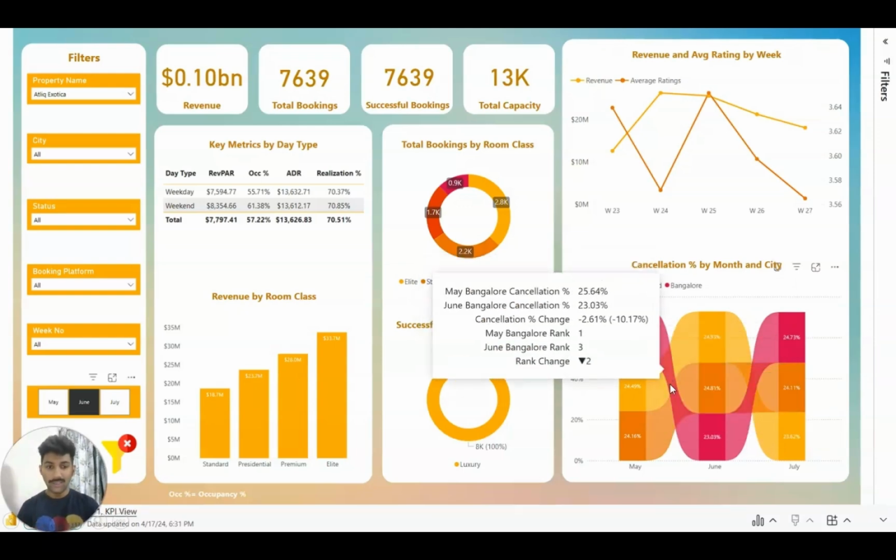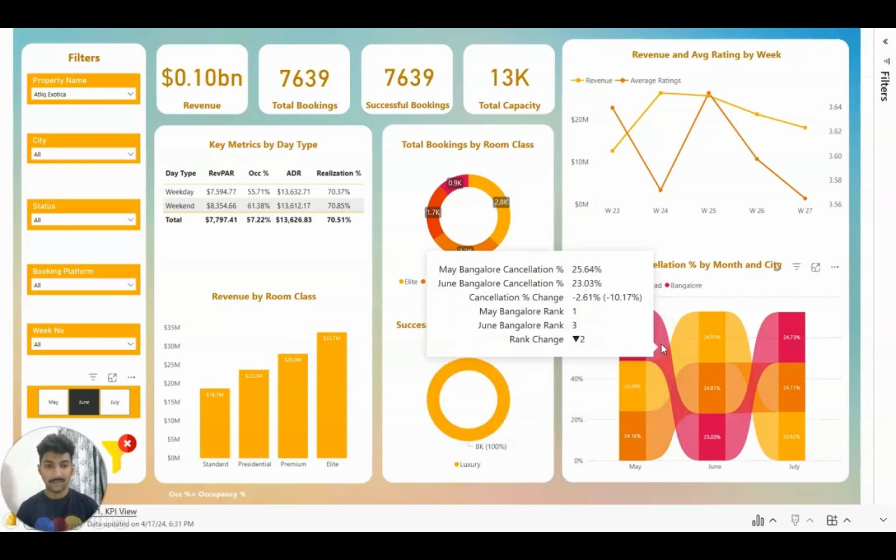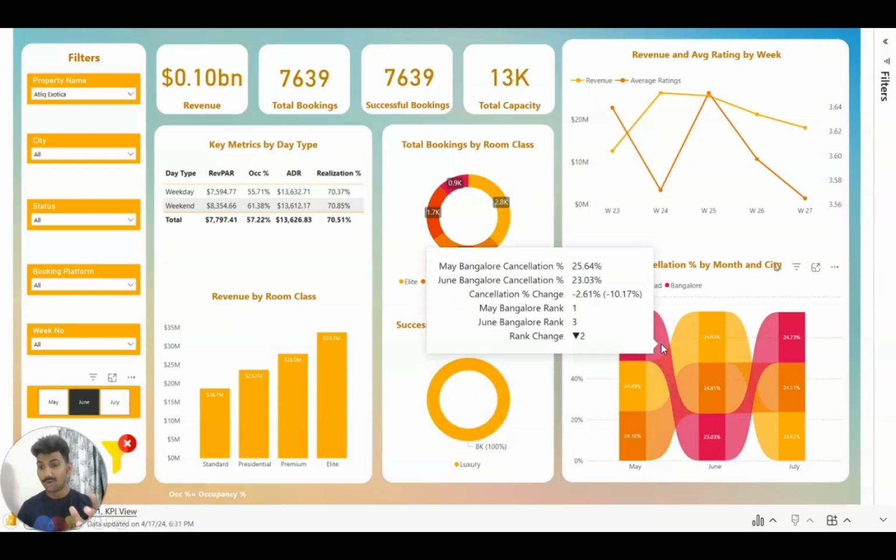If you go in between these transition bands, we can see much more information about how much was the change, what was the rank change, from where it jumped to where. So you can see that the cancellation percentage in May in the Bangalore city was 25.64, then it changed to 23.03. The cancellation percentage change was minus 2.61%, or overall minus 10.17%.